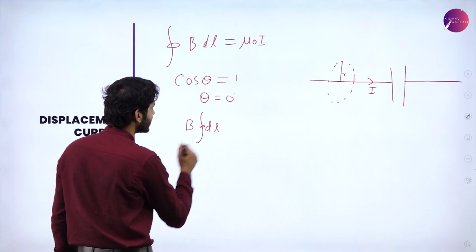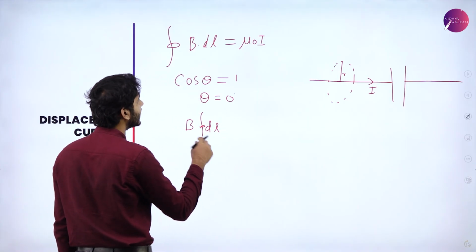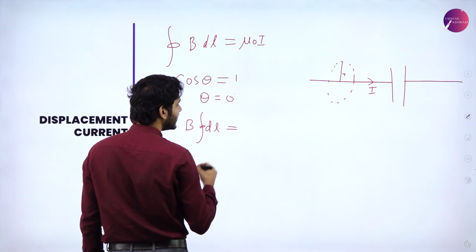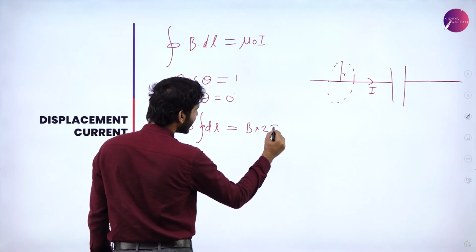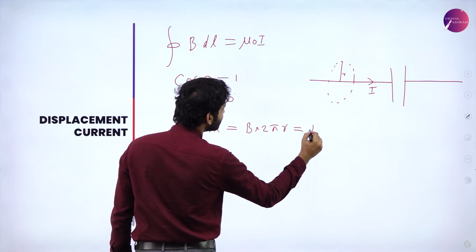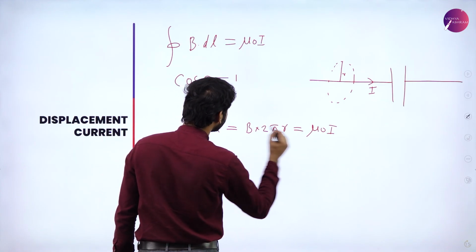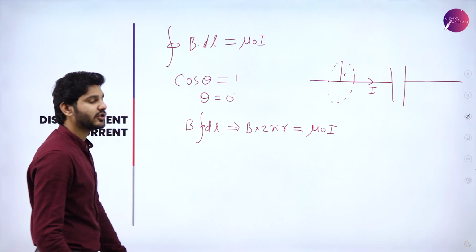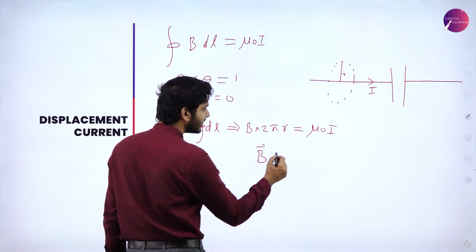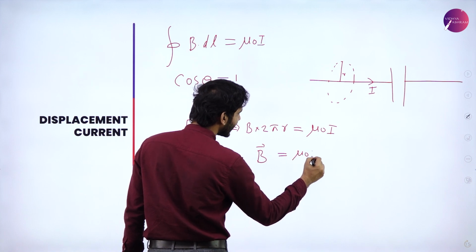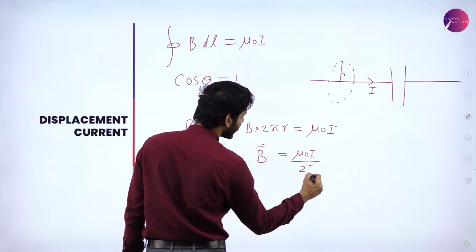So we get B into 2 pi r, which is equal to mu naught I, or just by rearranging we have an expression for the magnetic field, B equal to mu naught I divided by 2 pi r.